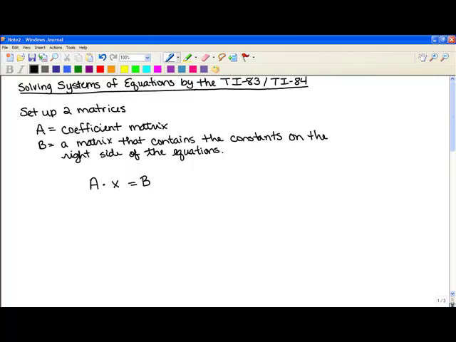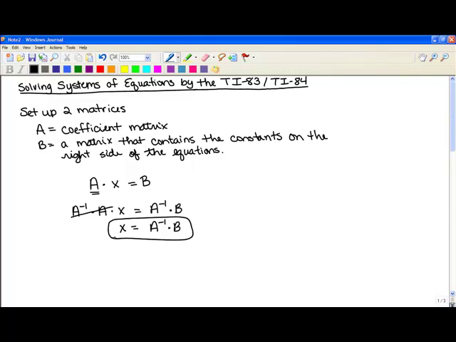Now, in order to solve for x, we need to take the inverse of matrix A on both sides. When we take the inverse of matrix A, these cancel out. They become the identity matrix. So we have x equals A inverse times B.